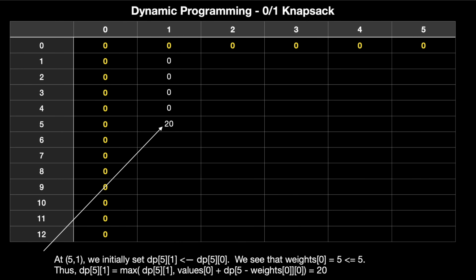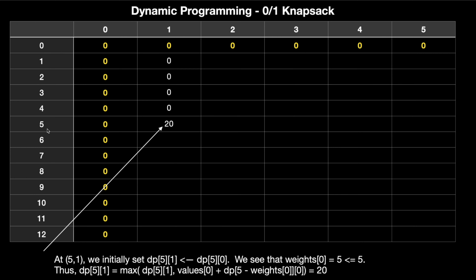Here let's look at dp of 5, 1. So we initially set dp of 5, 1 by the value at dp of 5, 0. So there will be just 0. Now since the zeroth weight, which is equal to 5, is less than or equal to 5 here, we have to take the maximum.